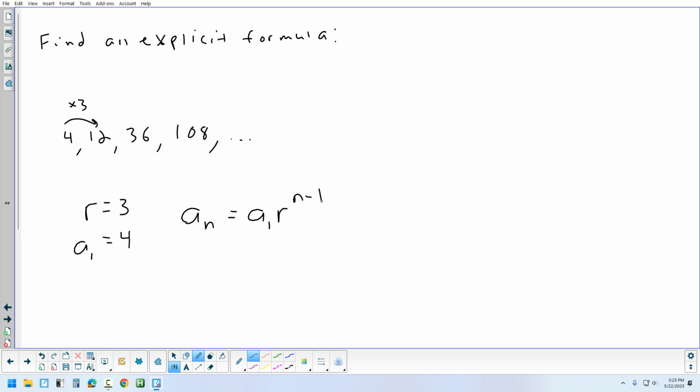That's the formula to calculate the nth term of a geometric sequence explicitly. So what's the first term in this one? 4. And what's our R value? 3. And you can't combine, because the 4 and the 3 are different.